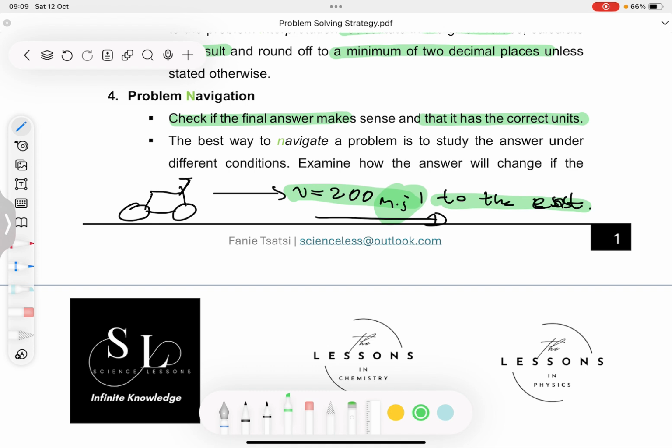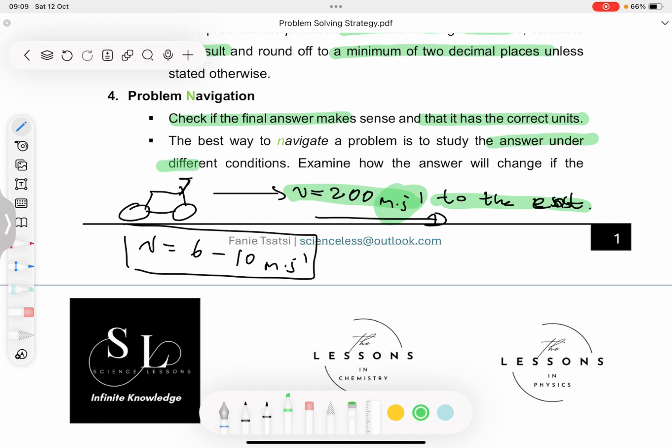That's the first part in terms of you navigating the problem. Getting an answer that's around maybe 6 meters per second, maybe up to 10, I believe that could be reasonable, right? This is a very good answer to get for a bicycle. It makes sense.